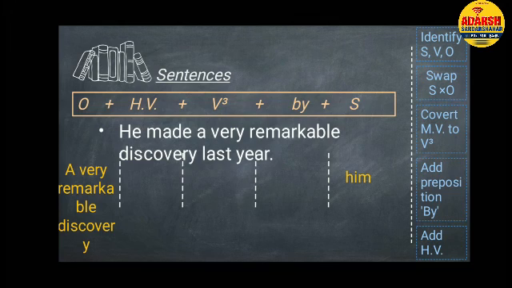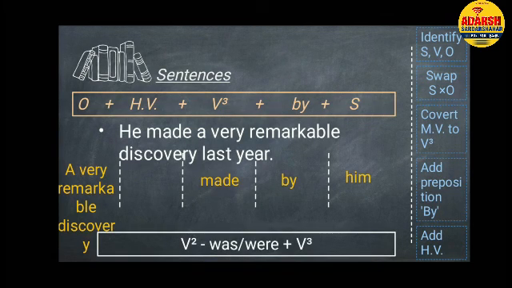Now let's go towards our third step, which is use past participle. Here we put past participle made. Now fourth, add preposition by before our subject. Now fifth, add helping verb. So let us recall helping verb, which in active is verb second form, as you can see here in the active sentence, made only, and in passive it is was plus verb third form. So in this sentence also, a remarkable discovery is singular, so we're going to use here was.